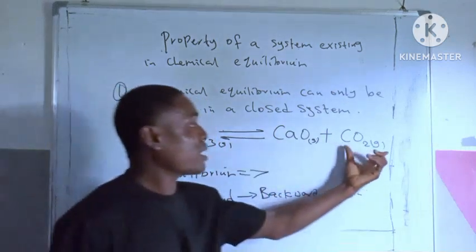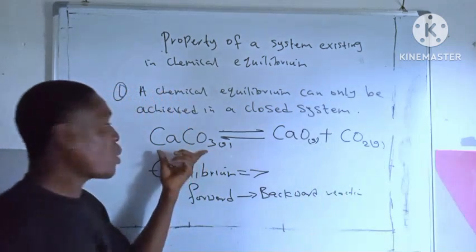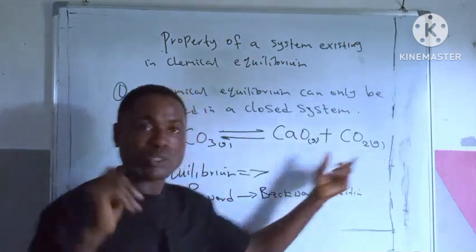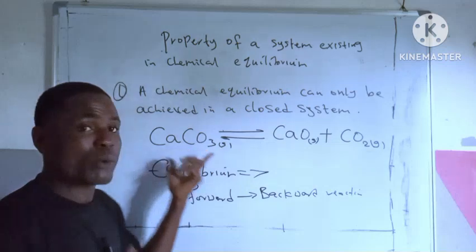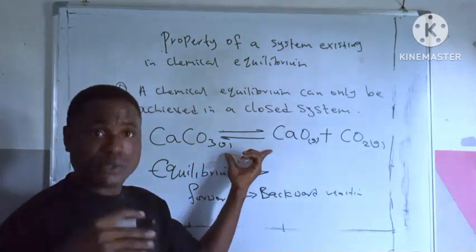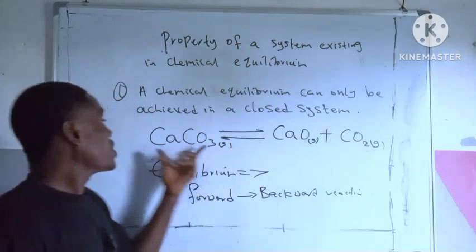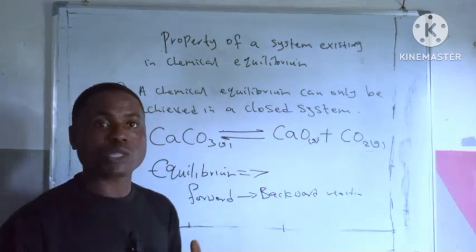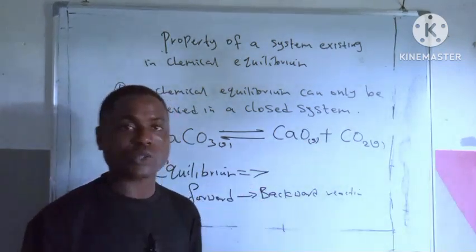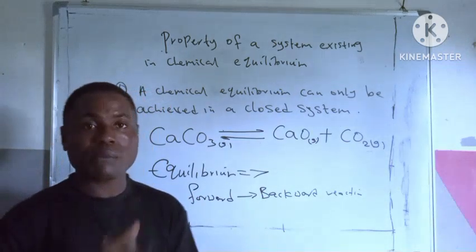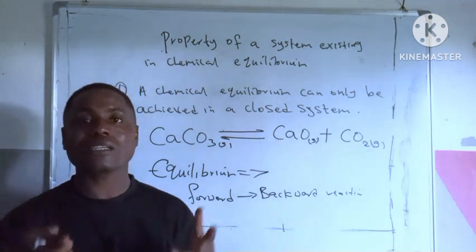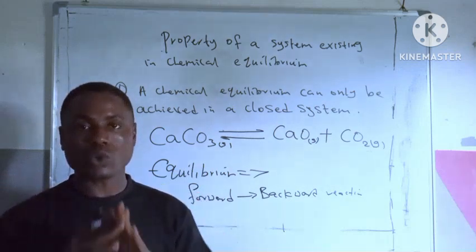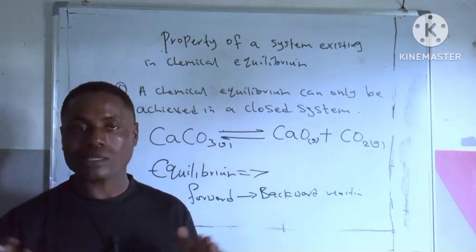At the same time, as the carbon dioxide escapes, this compound will keep decomposing to form more carbon dioxide. It will come to a point where this compound is used up. This is a reversible reaction, but once this compound is used up, the reaction will behave like an irreversible reaction. So before a chemical reaction can attain the equilibrium point, it must take place in a closed vessel or in a closed system.